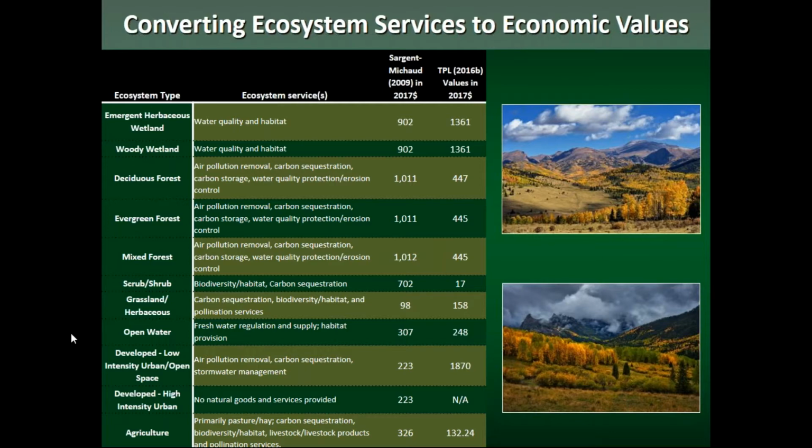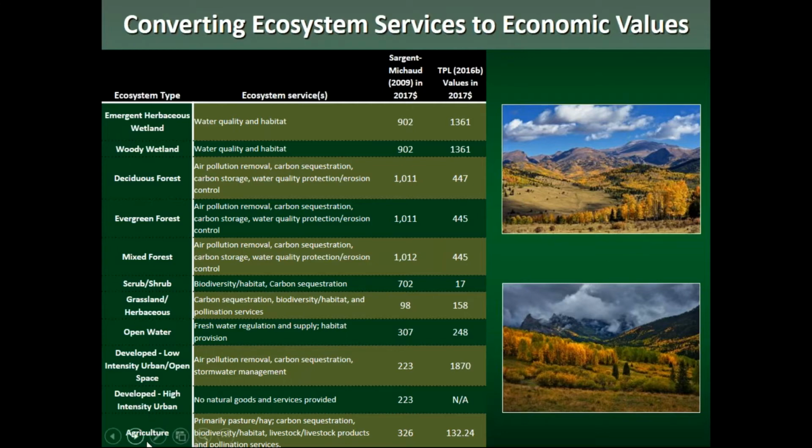So going through for the low estimate, we did 902, 902, 447, 445, 445, 17, 98, like that. And so we get an overall low estimate, an overall average estimate, and an overall high estimate. Here's what these sum to.